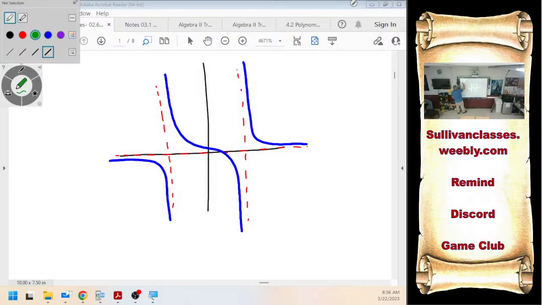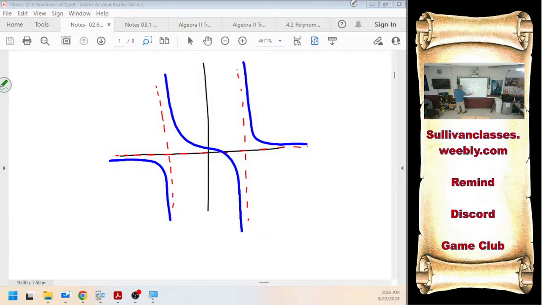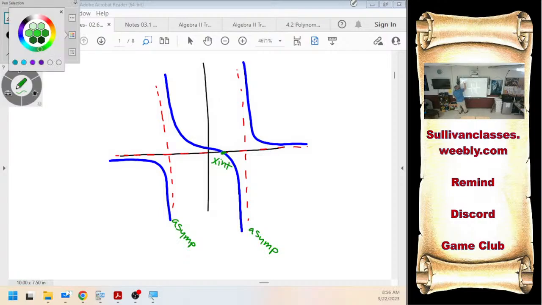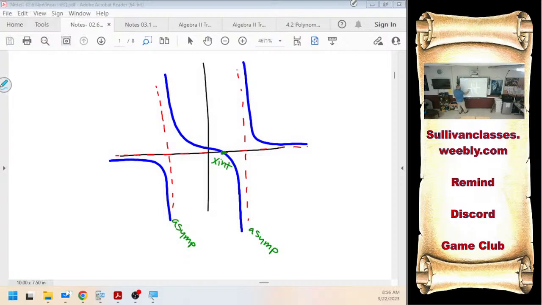It can switch at asymptotes or x-intercepts or asymptotes. Okay, so it goes from negative to positive to negative to positive.